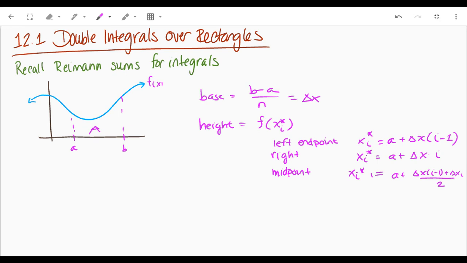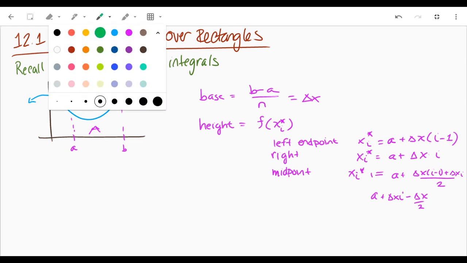That could simplify down to a plus delta x times i minus delta x over 2. There are different ways to express it, but it doesn't really matter, because it didn't matter if we were thinking about left or right once we took the limit.